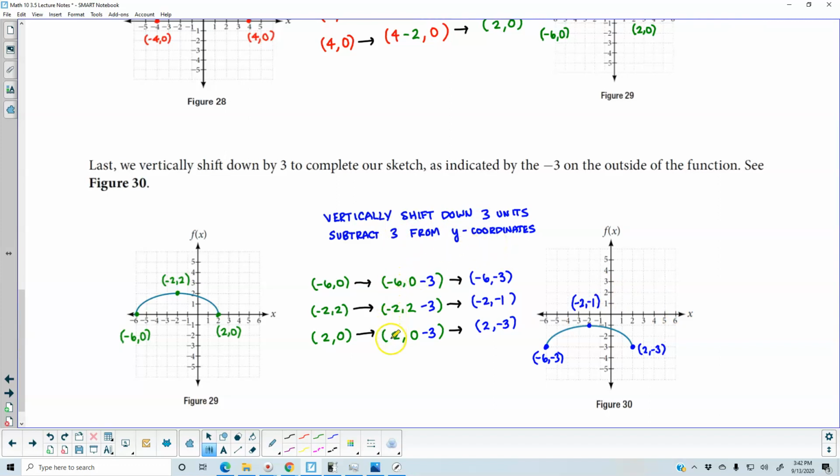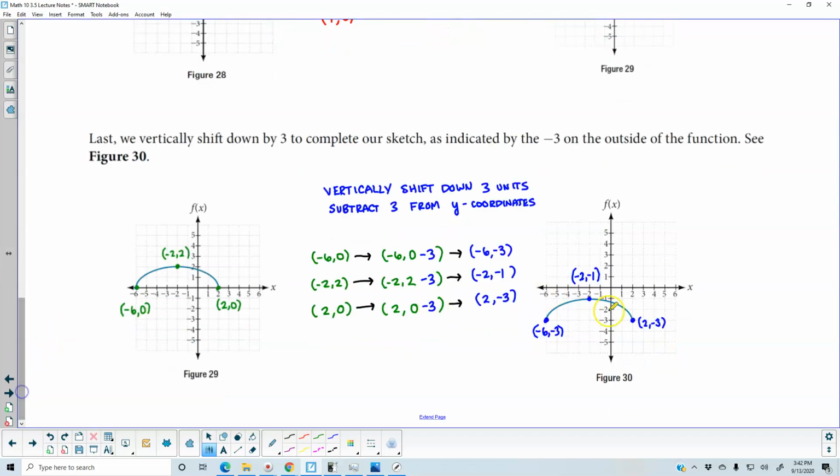So now the x coordinates are going to stay the same, and we're going to take 0 minus 3, which gives us -3, 2 minus 3, which gives us -1, and 0 minus 3, which gives us -3. And now we're going to plot these points. So we have -6, -3, -2, -1, and 2, -3, and that is our final result. So this gives us our 3 transformations according to our original statement.